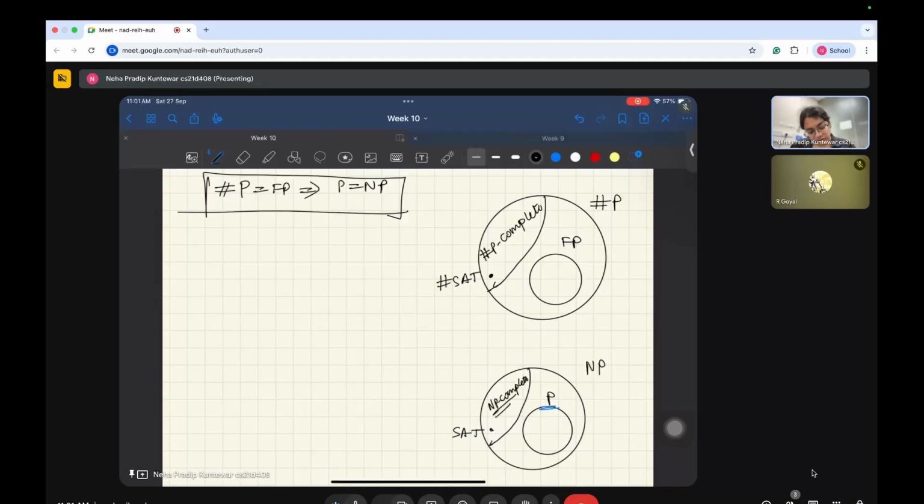When we define the notion of completeness, we should always be careful about the notion of reduction.